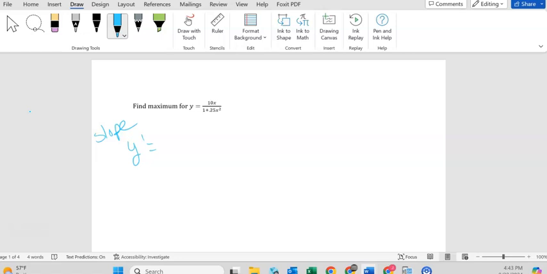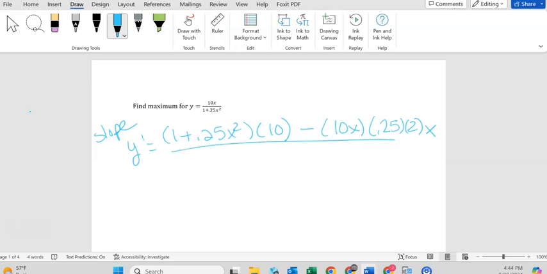We're going to do low d high, minus high d low, which is going to be 25 times 2x, because I'm bringing the 2 down and I'm timesing it by this, all over the bottom squared. Okay, this is the equation for our quotient rule.